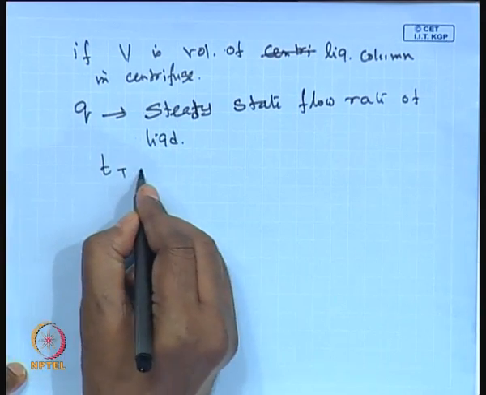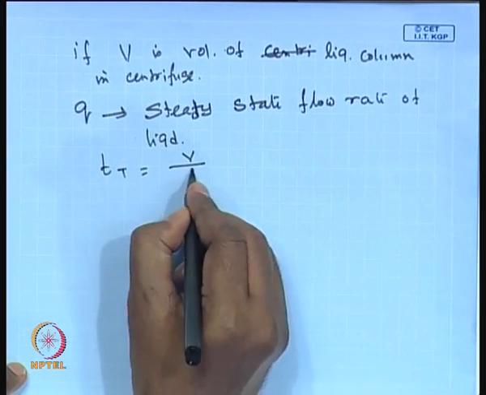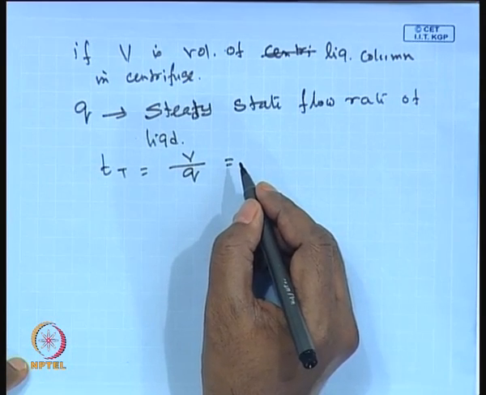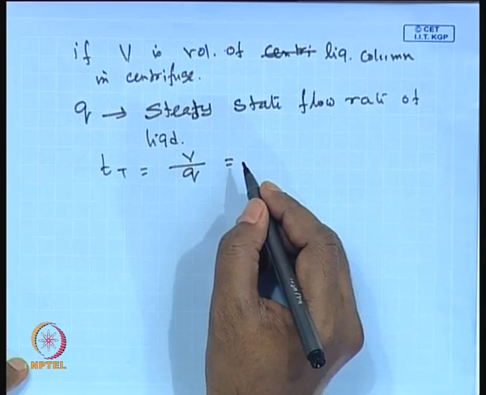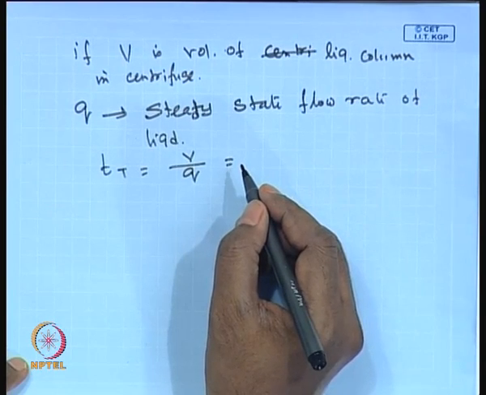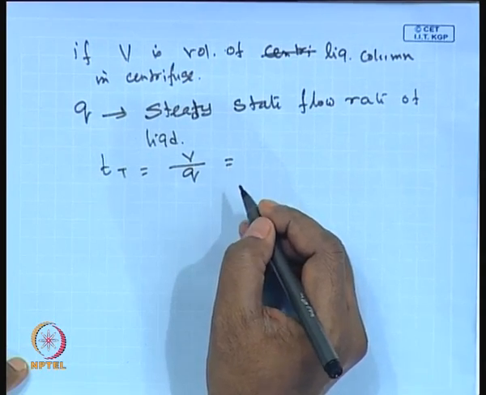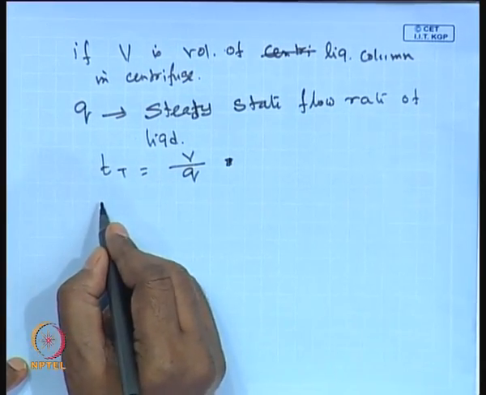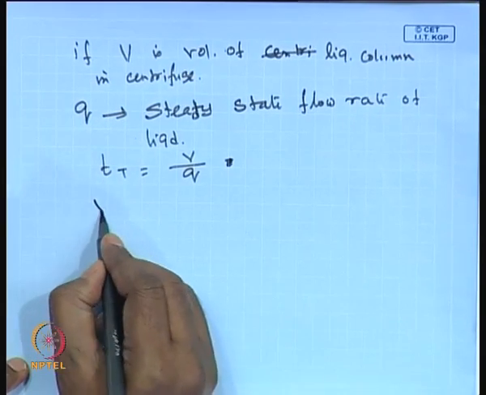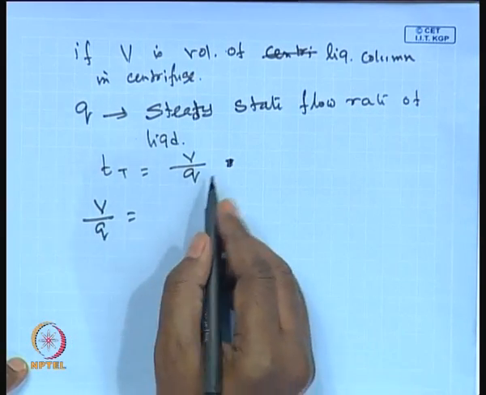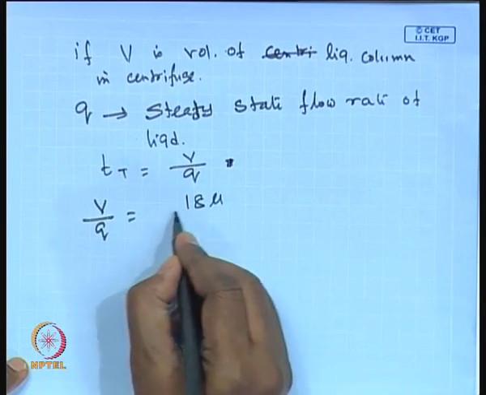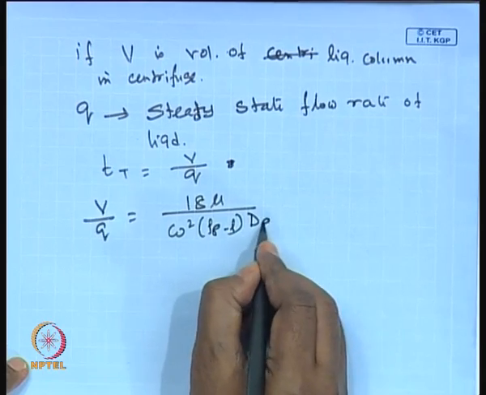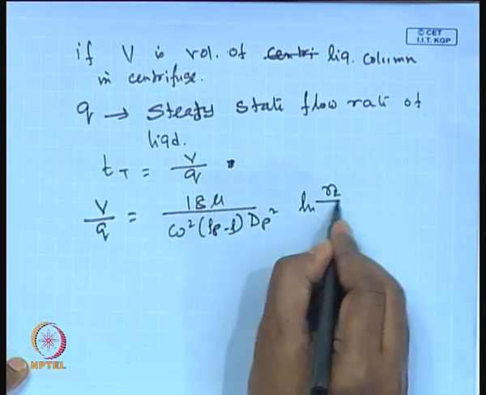So, residence time is nothing but, as I told earlier, it will be V by Q. So, now you can combine these two. You just replace t terminal by V by Q in the earlier expression. This becomes 18 mu divided by omega square rho p minus rho dp square ln r2 by r1.